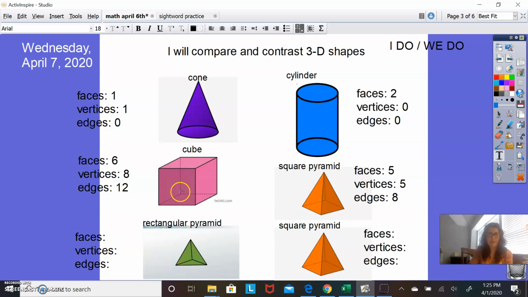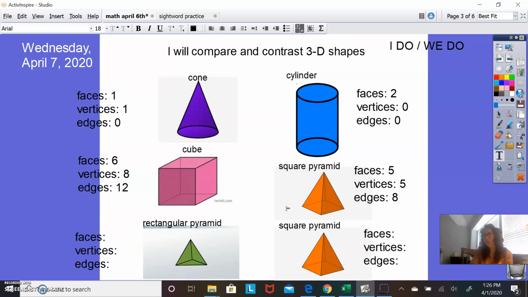That's different. Vertices, 8 for the cube, 5 for the square pyramid. That's different. What about the edges? 12 here, 8 here.